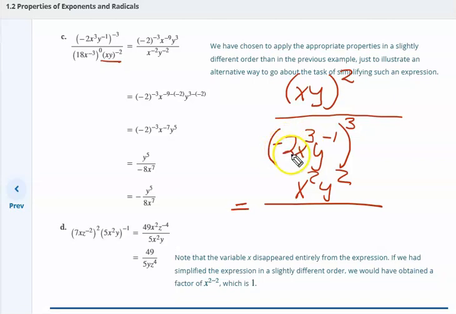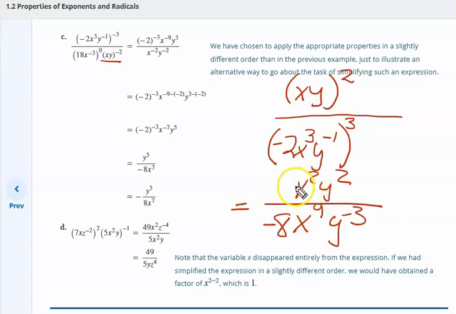Now, a negative 2 raised to the third power is a negative 8. This becomes x to the ninth, and this becomes y to the negative 3. So now we can do some simplifying.